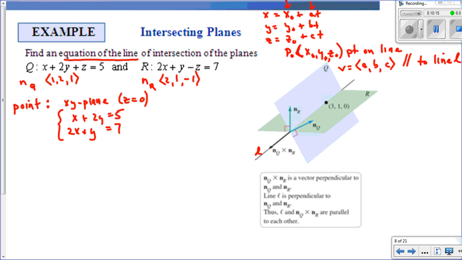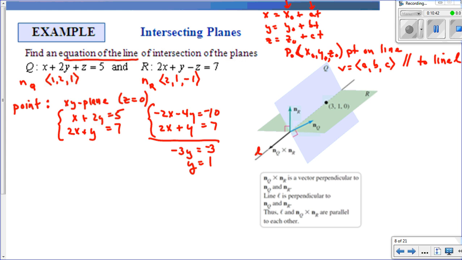So now what I can do is to find where these two lines actually intersect. And to solve the system of equations, I'll multiply the top equation through by -2. Keep the second one the way it is. You could also use substitution. And now add the two equations, and I have minus 3y equal -3. So that means that y is 1.